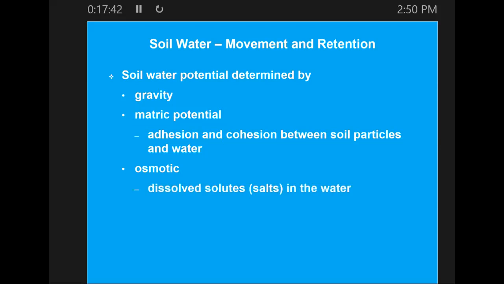And you have to appreciate that the fertilizers that they apply to ag fields are salts. They're solutes. And so fertilization schedules and how they fertilize their fields profoundly impacts the osmotic potential.